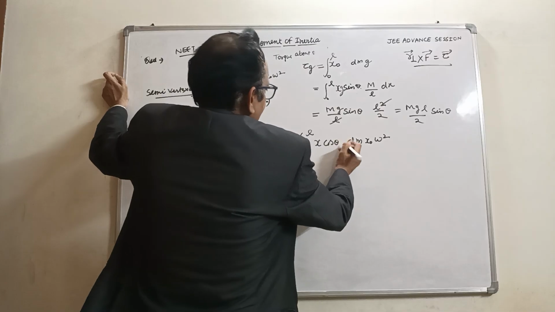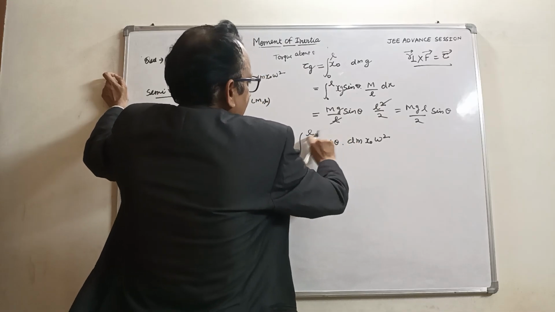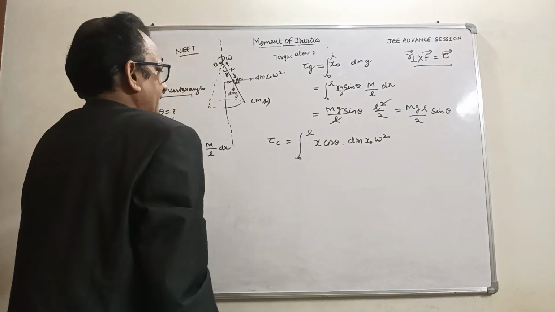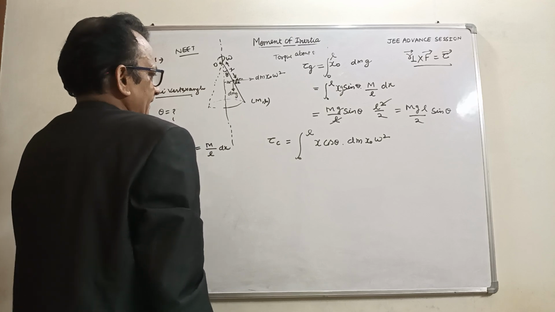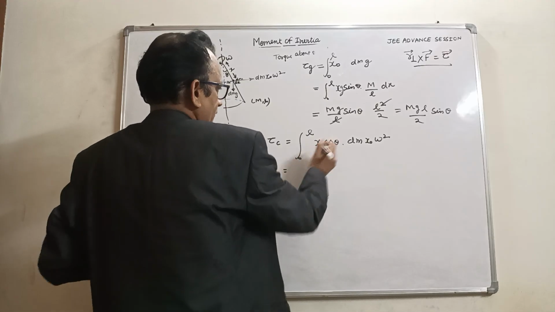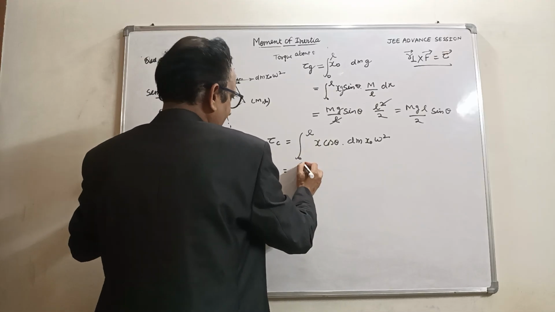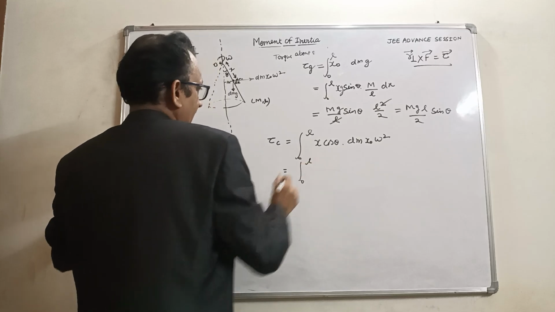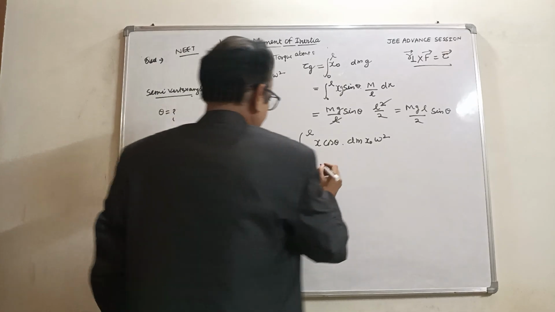This is a cross product here. We are not denoting the position vector here. The value of x naught would be x sin theta.